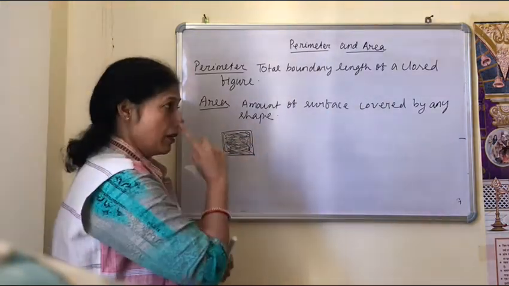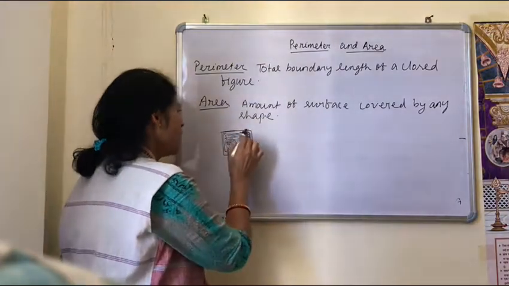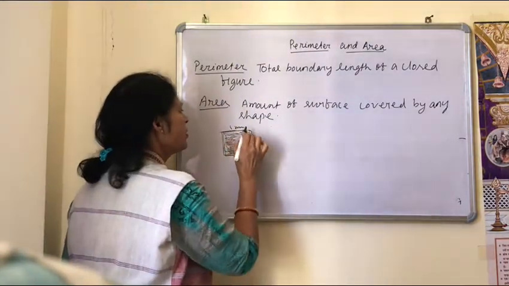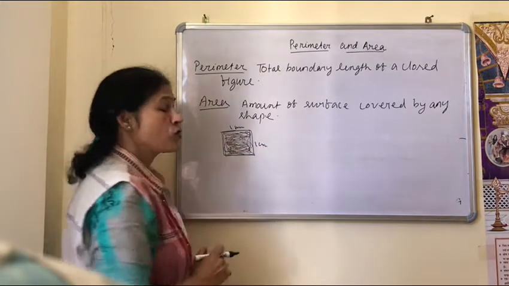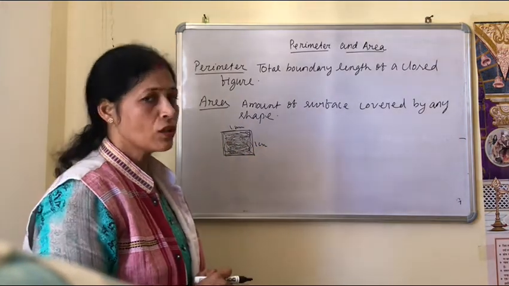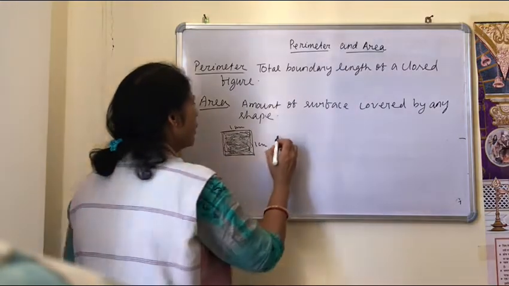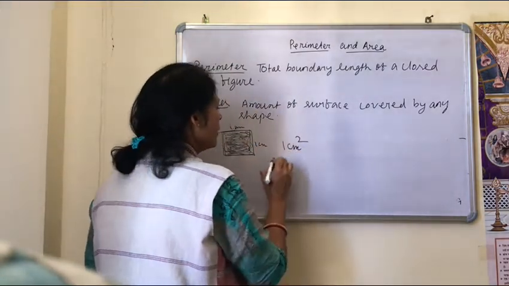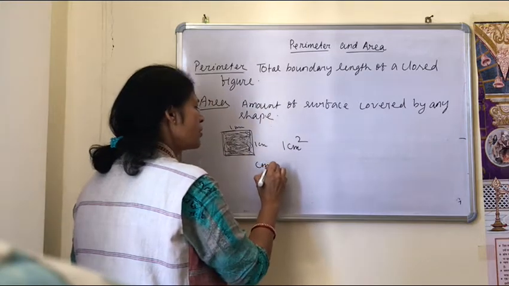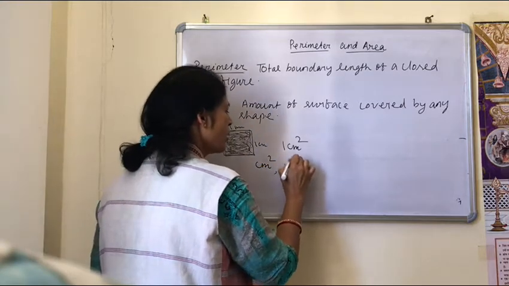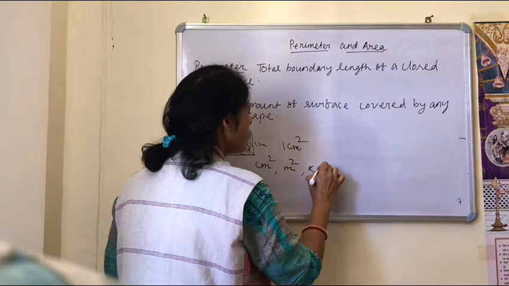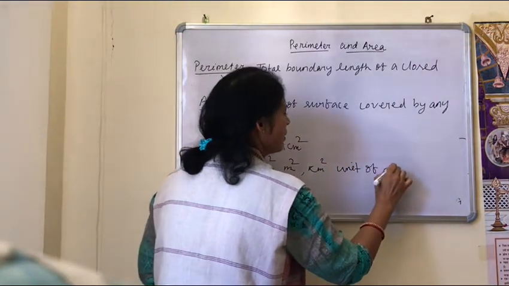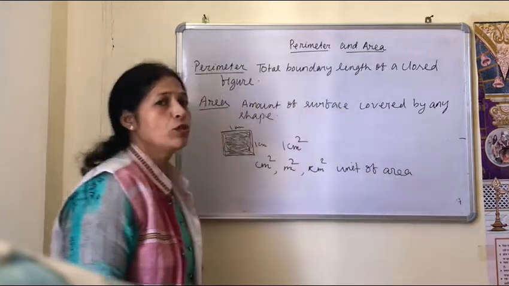So what is the area of a square? Suppose this side is 1 centimeter, this is 1 centimeter, because a square has all sides equal. So what is the area? 1 centimeter into 1 centimeter, 1 centimeter square. Centimeter square, meter square, kilometer square are the units of area. What is the unit of area?